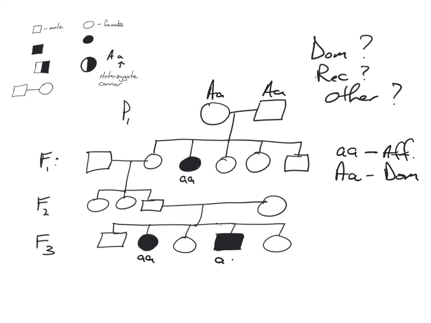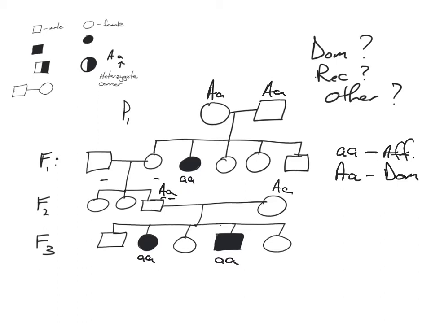Everywhere there's 2 little a's, that means both parents have to have a little a. If they're not affected, they have to have a big A. So this parent has to be, this parent has to be, this parent has to be, in order for this child to have this, one of these 2 parents has to have a little a.